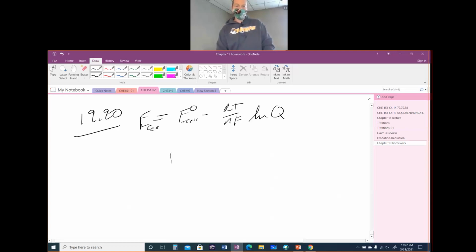This is the one I always use. So this E naught cell, this is what you get off of table 19.1. This is what you read off your voltmeter, or it's what you're calculating.